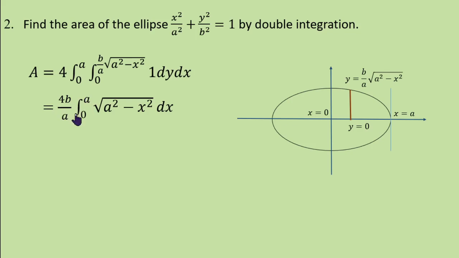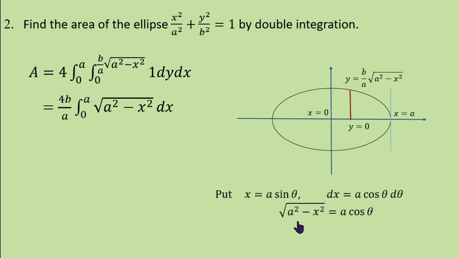4ab integral 0 to pi by 2, because if x is a sin theta, the upper limit of x is a, then a equals a sin theta, that means sin theta equals 1, and hence theta is pi by 2.